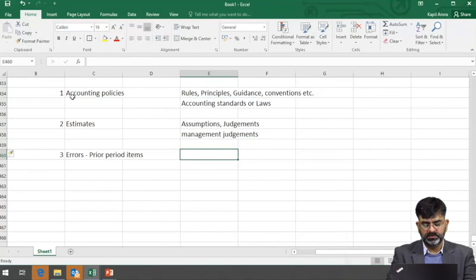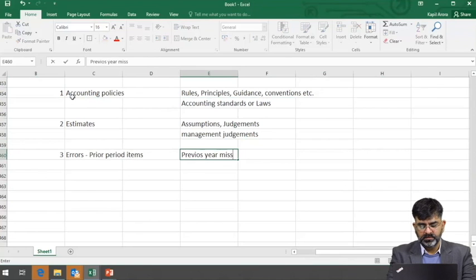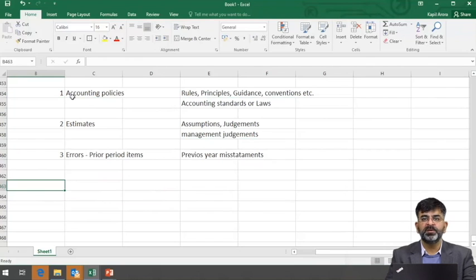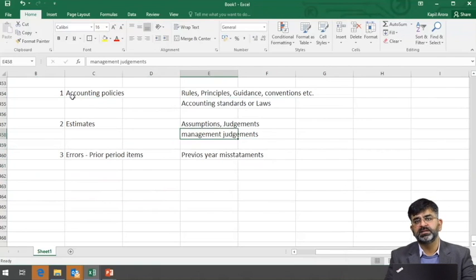Error is nothing but previous year misstatements. These are the three things we are going to discuss here. Provision for slow moving items is always an estimate. Why? Because we are making a judgment on how many we will be able to sell, whether we will be able to sell it or not, or what would be the expected price we can get from the market.